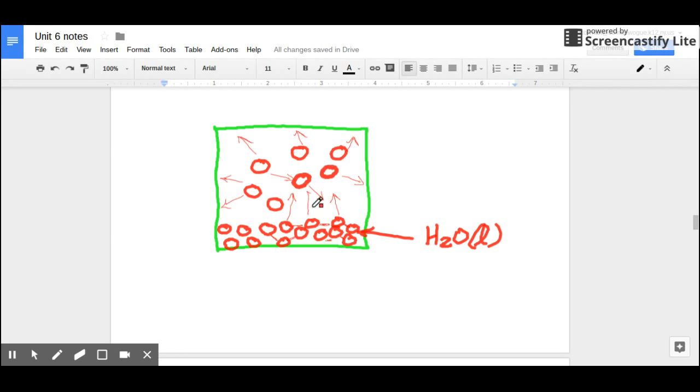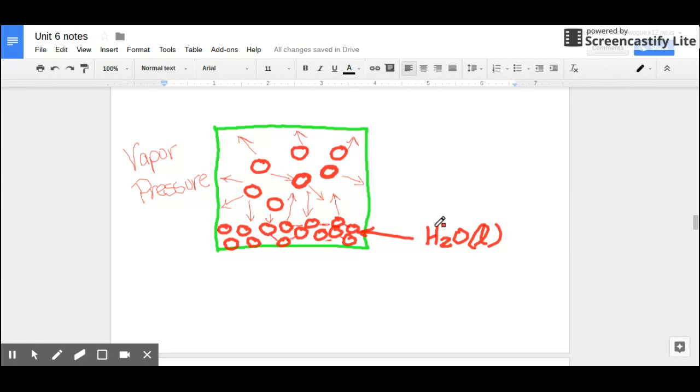They're also hitting the surface of the water that's down here. And all of these crazy arrows that I drew are what we call vapor pressure. They're the pressure that the water vapor is exerting on the inside of this container.